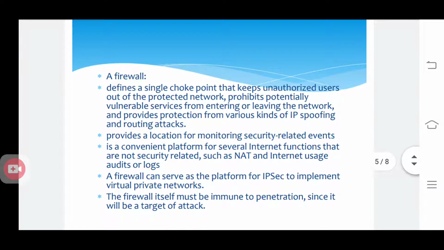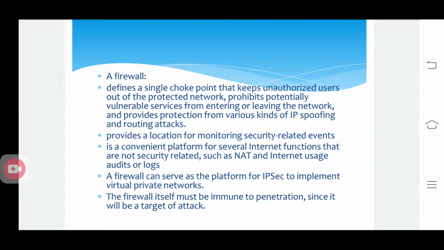So what are the features of a firewall? It acts as a single choke point that keeps unauthorized users out of the protected network and prohibits them from entering or leaving the untrusted network.